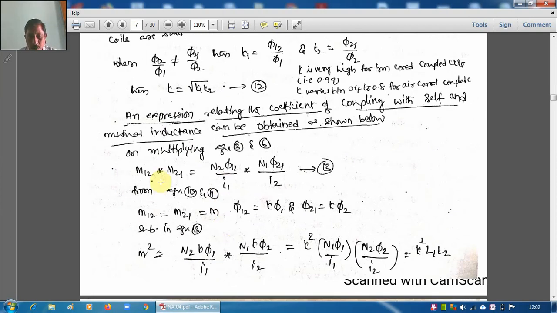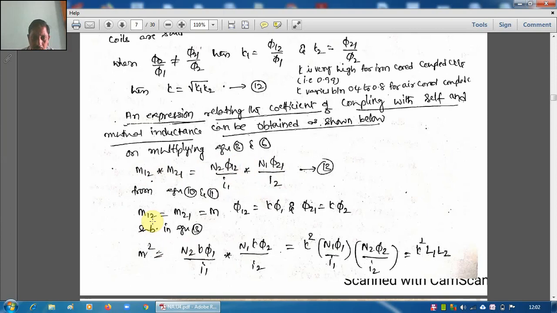Now, to get a relationship between L, M and K, we can make use of the previous expressions. We have already defined M12 and M21. M12 is this, M21 is this. Take a product of M12 and M21.